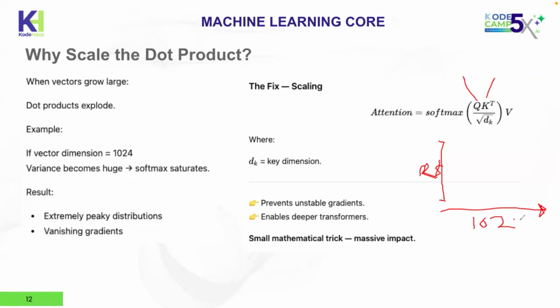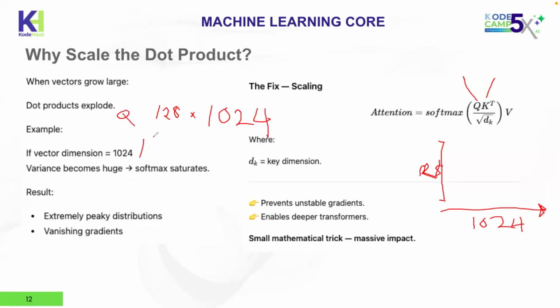So you're going to end up with Q being 128 by 1024. That's the shape of Q.